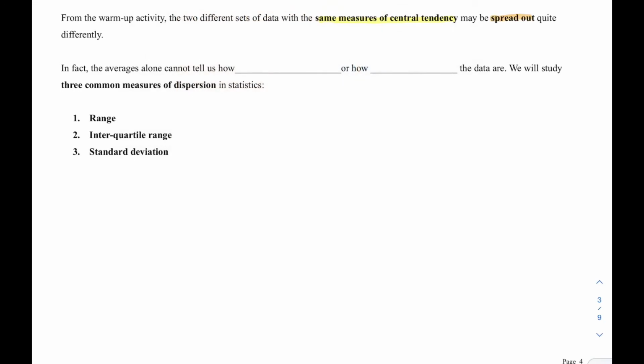In fact, apart from the measure of central tendency, we would like to also study how dispersed or how spread out the data are, and we need some more measures. We will say the measures are measures of dispersion. We will learn range, interquartile range, and standard deviation in the coming sections.